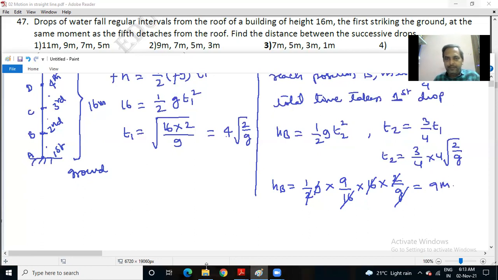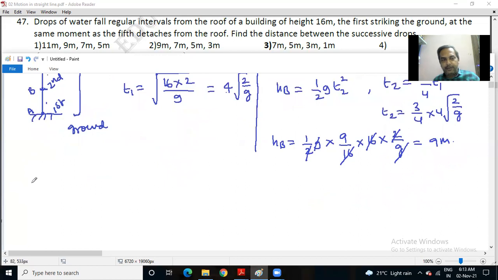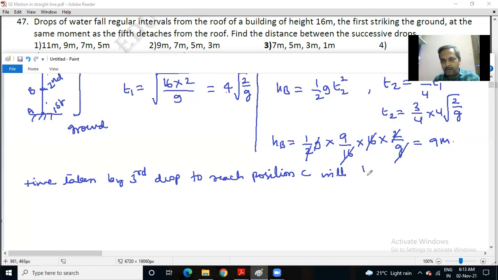Next, similarly, the time taken by the third drop to reach position C will be half of the time taken by the first drop.